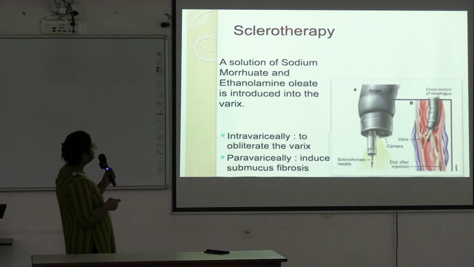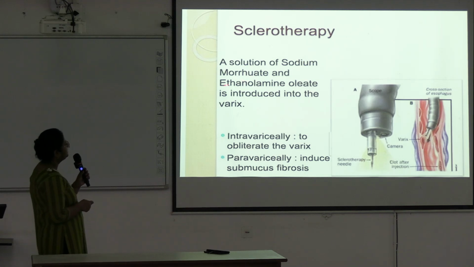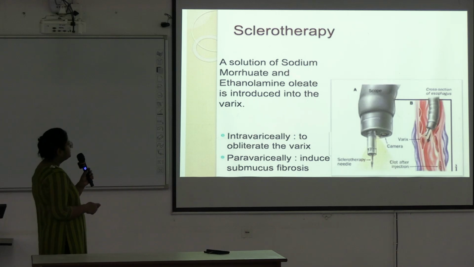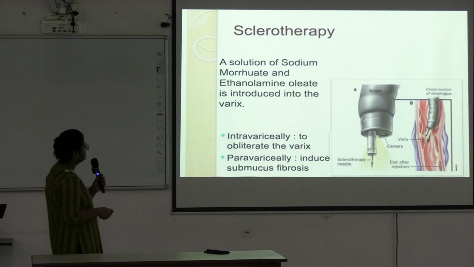Next is sclerotherapy. A solution of sodium morrhuate and ethanolamine oleate is introduced into the varix. This solution is injected into the varix through the endoscope, intravaricially to obliterate the varix, and paravaricially to induce some mucosal fibrosis, so that the blood supply can stop.